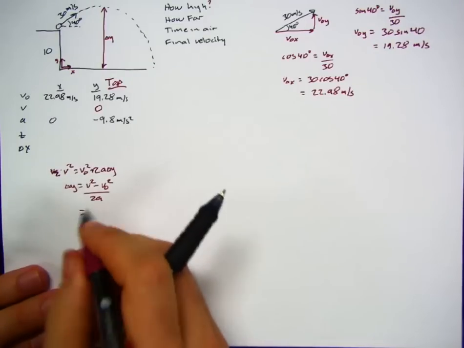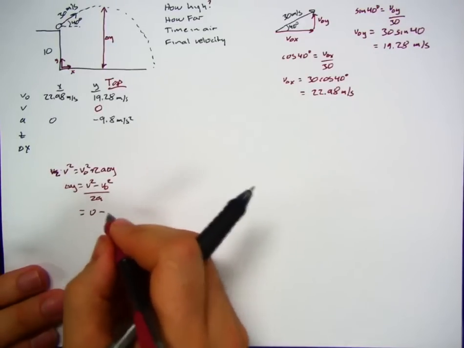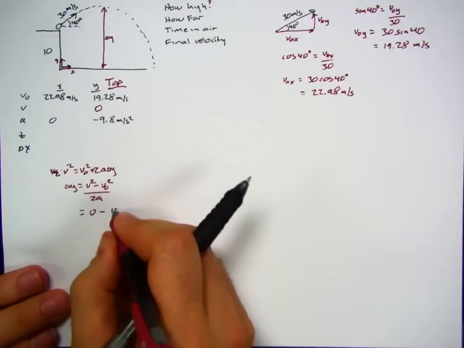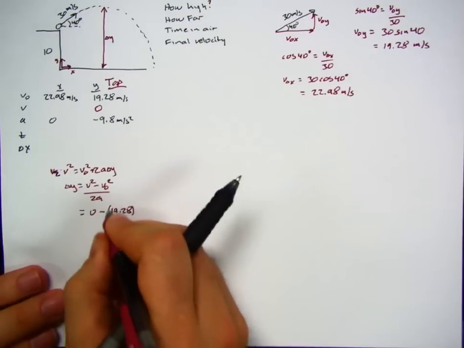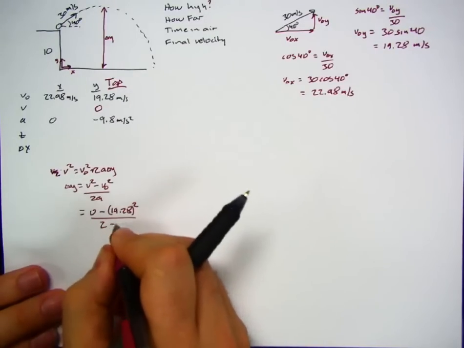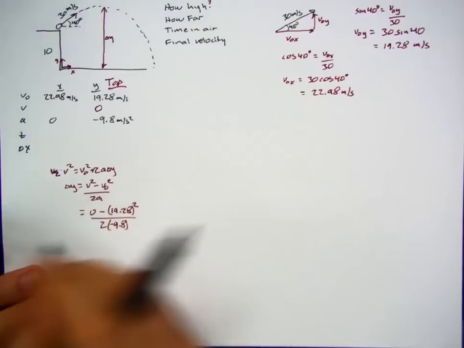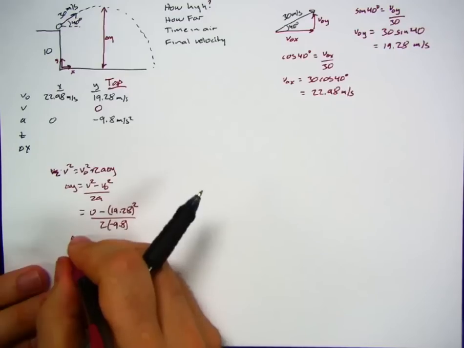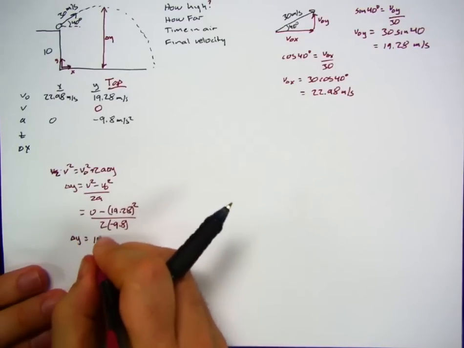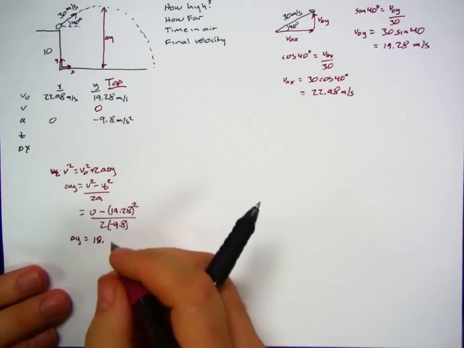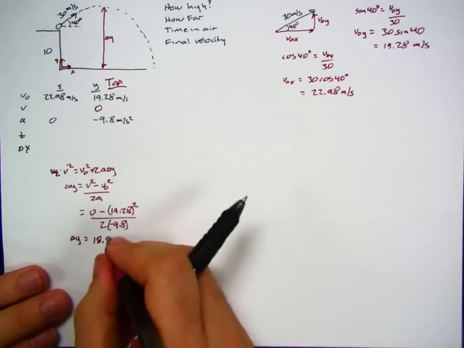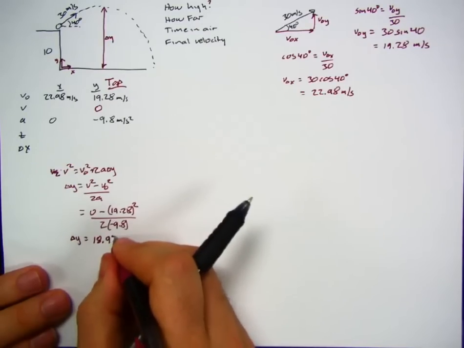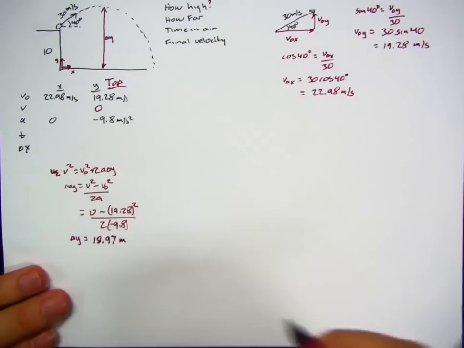And I can plug in numbers. v squared is 0 minus v0 squared, which is 19.28 squared, all over 2 times minus 9.8. I end up with 19.28 squared divided by 19.6, so delta y is equal to 18.97 meters.